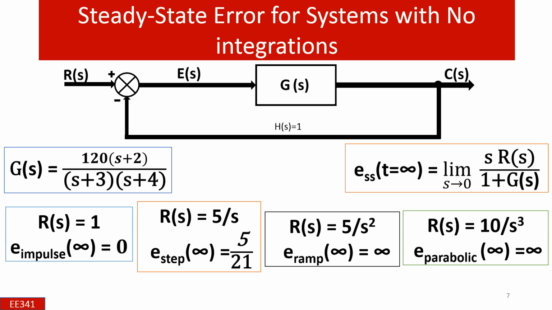So type 0 systems are not preferable. But if we increase the type, it means if we take s to the power 1 or 2, it means there are two poles at the origin in the complex plane.